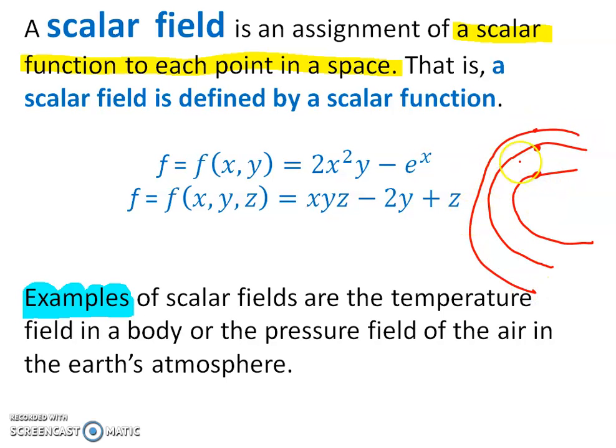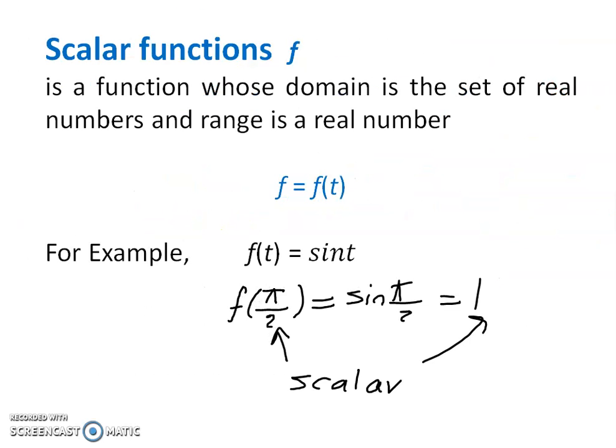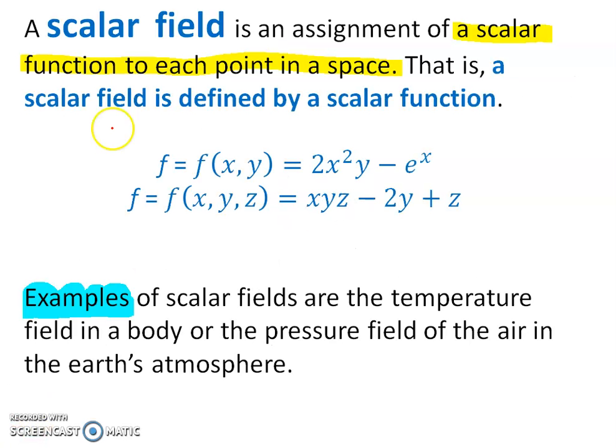So we will have a scalar field. Our point may be 2-dimensional, x and y, or 3-dimensional, x, y, z. So the vector field may be 2-dimensional or 3-dimensional, but the scalar function is 1-dimensional only. So a scalar field is defined by a scalar function.